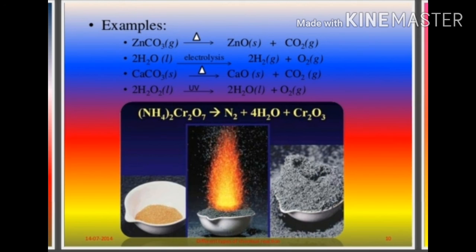Similarly, calcium carbonate, when it is heated, produces calcium oxide and carbon dioxide gas. Fourth example, this is H2O2, hydrogen peroxide. When it is heated, it produces water and oxygen gas. These all are examples of decomposition reaction.